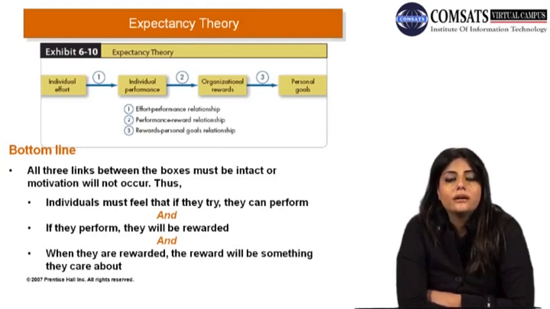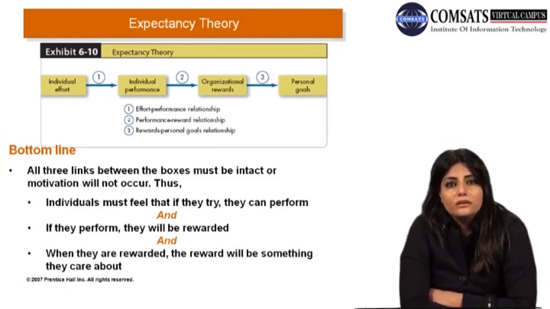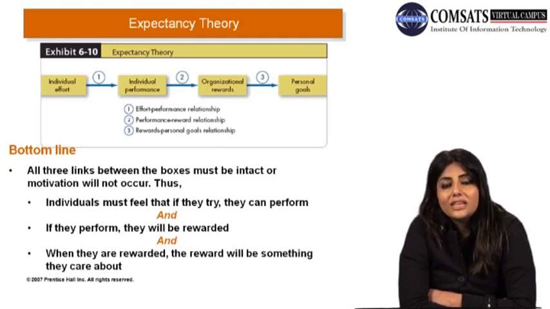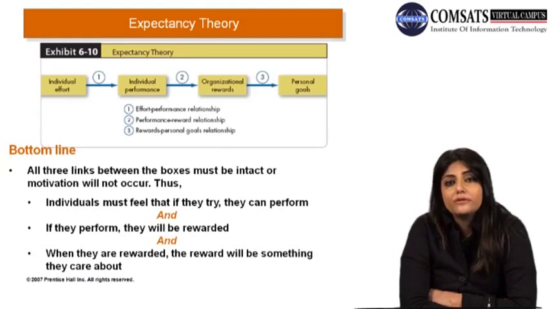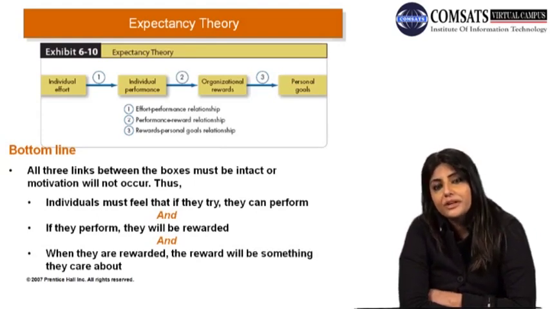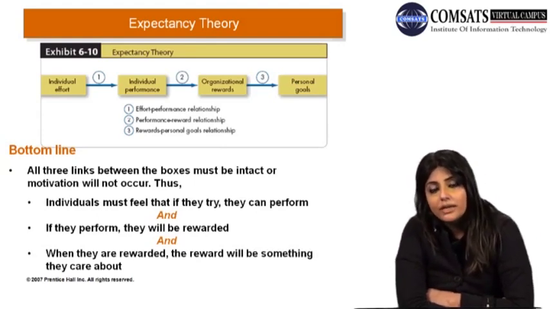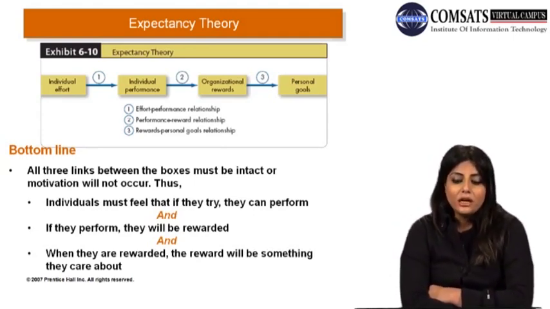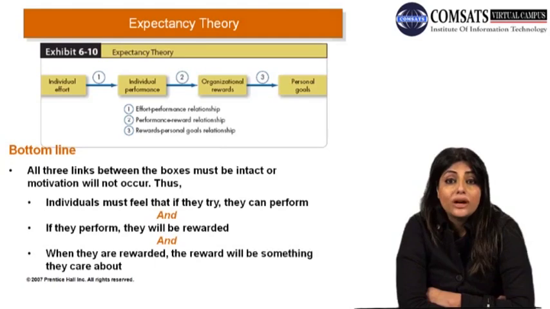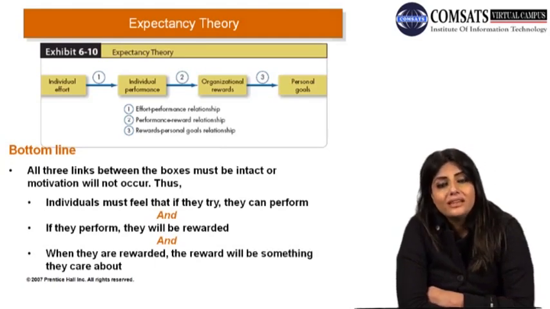If, on the other hand, some other individual is given the same offer, it might be a very good motivator for that individual to put in some effort and achieve that goal. So we have very important implications from this theory: managers need to understand the different personal needs of individuals.